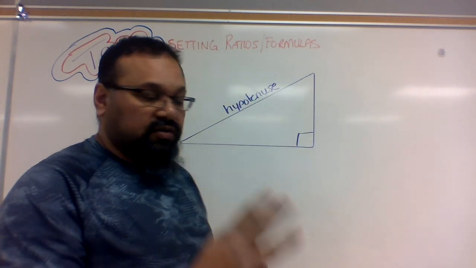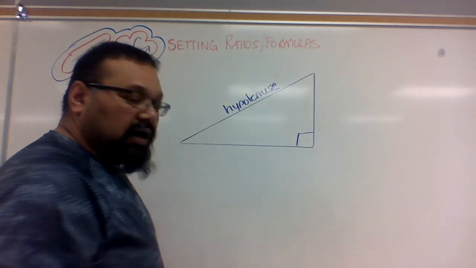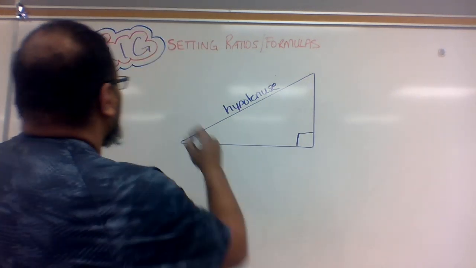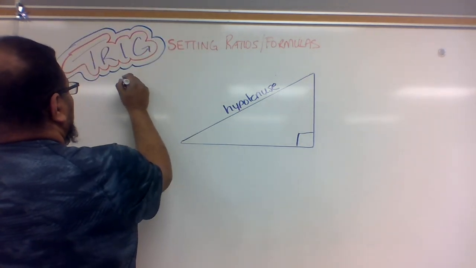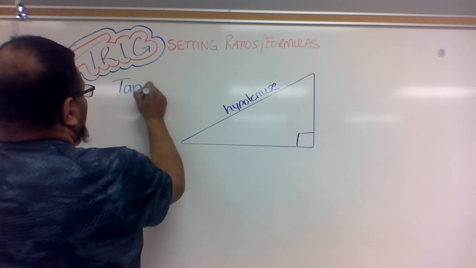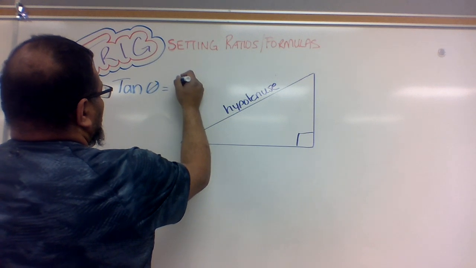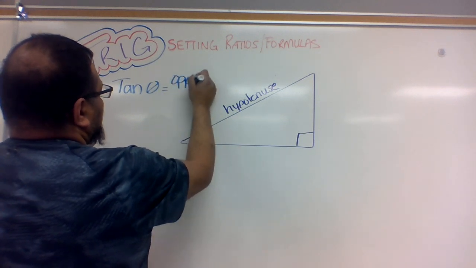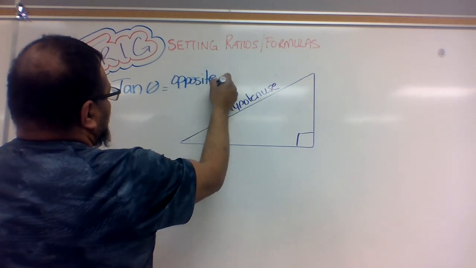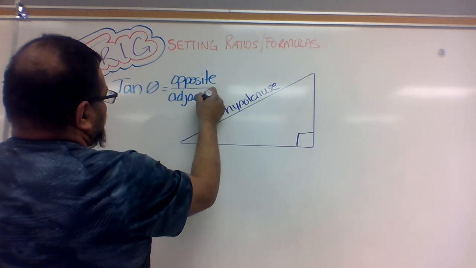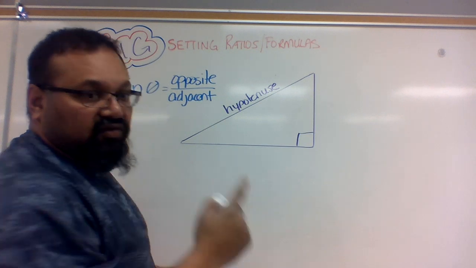There's three ratios. One ratio deals with tangent, which is tan. That's written as the tan of an angle, we'll call the angle theta, equals the opposite side over the adjacent side. That's the first one.